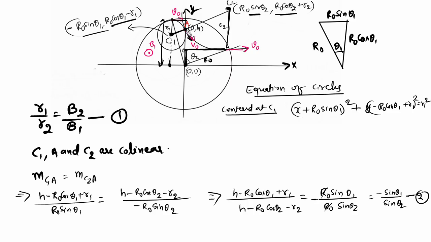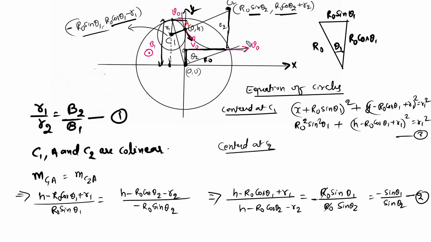Now on this circle, this point lies: 0 comma H. I can plug it here. That will give us R0 squared sine squared theta 1 plus H minus R0 cos theta 1 plus R1, squared, equals R1 squared. Similarly, this is the third one. I can find the circle centered at C2, and on that circle also this point 0 comma H lies.